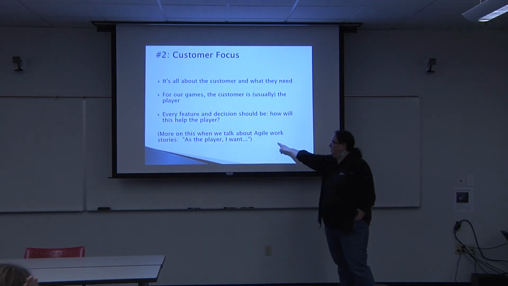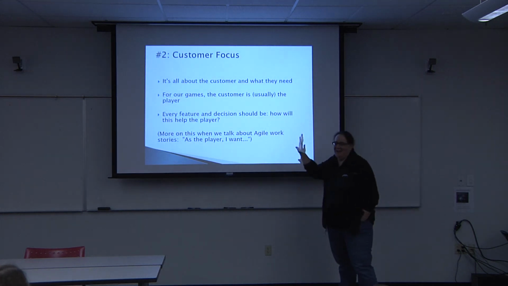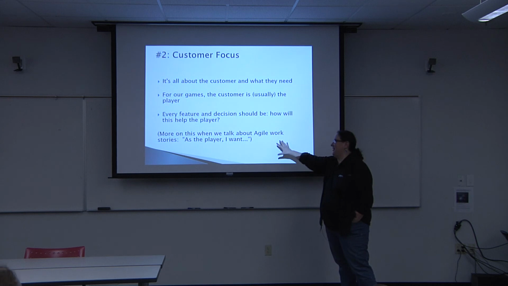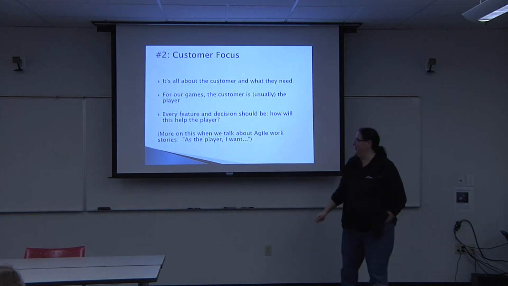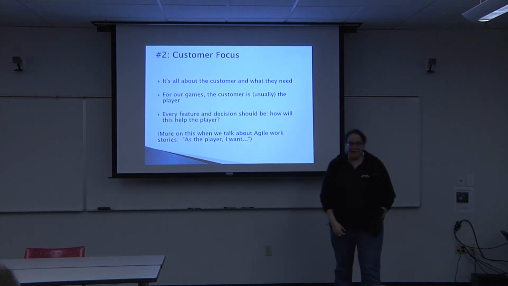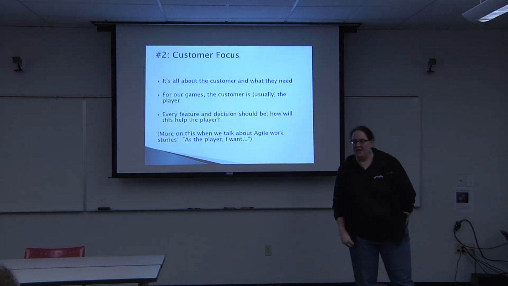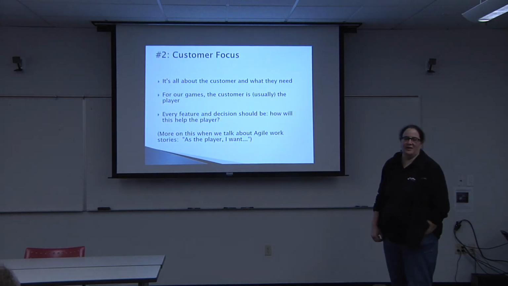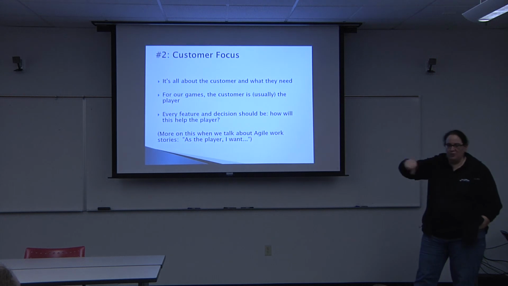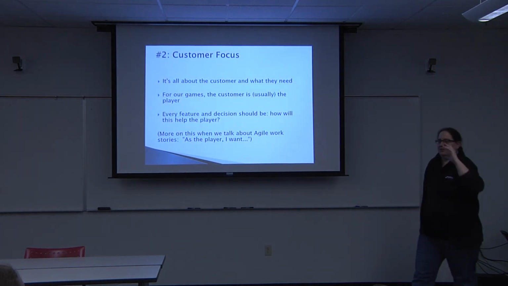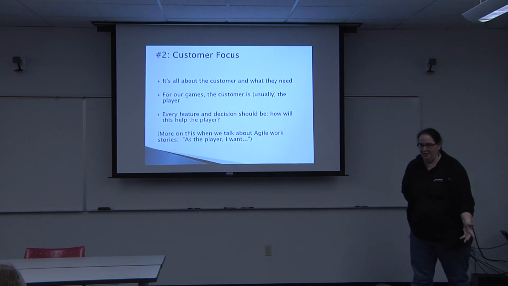So briefly, like I said, I'm going to spend like an hour next week talking about Agile work stories because they are so useful. But as the player, I want a quick and easy way of accessing my inventory and scrolling, moving through my inventory. So let's dissect that. I'm thinking about it from the viewpoint of the player. Quick and easy.